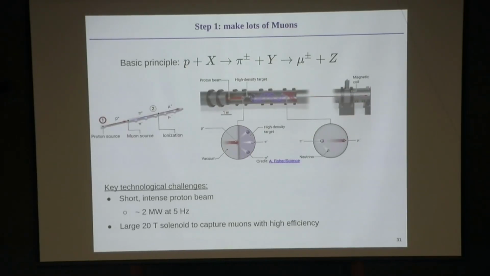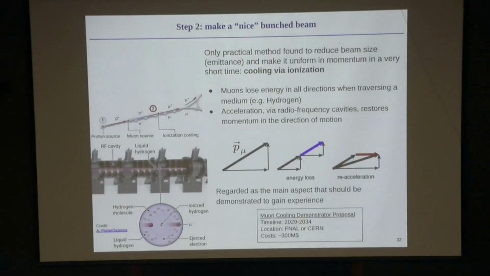In fact, being able to capture the muons that come from this chain reaction is a non-trivial task to achieve with high efficiency, and requires both a short intense proton beam to have enough rate of muons produced, and a very large and very powerful solenoid to capture these muons and keep them essentially within our tunnel, if you want, our pipe. So step 2: once you have these muons, they will be going a bit all around the place.